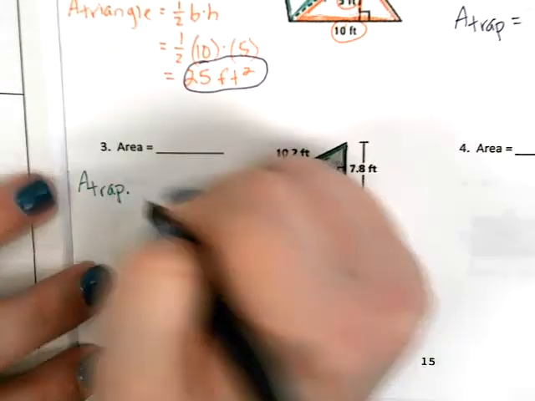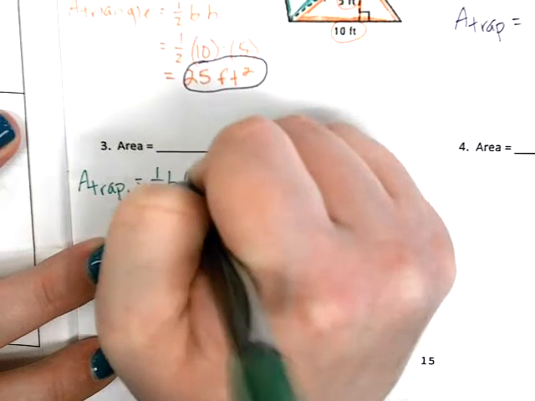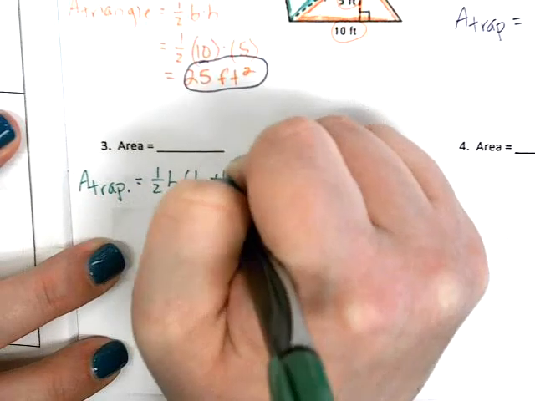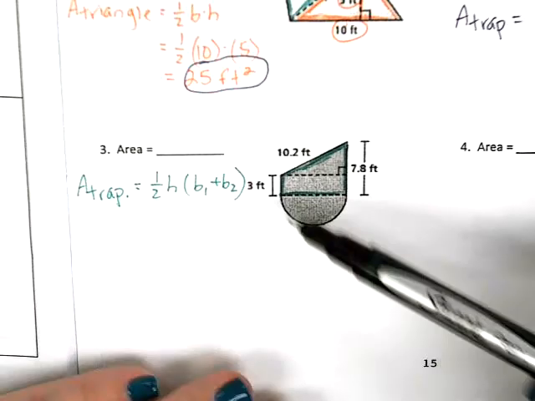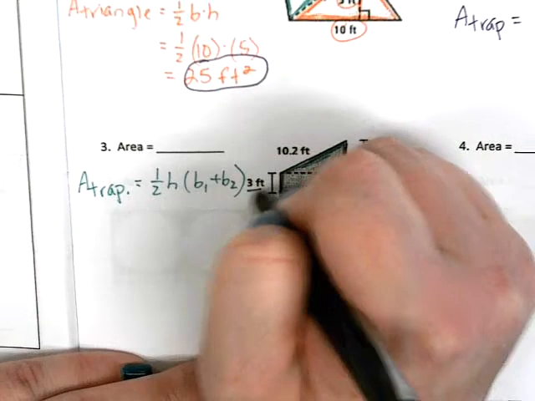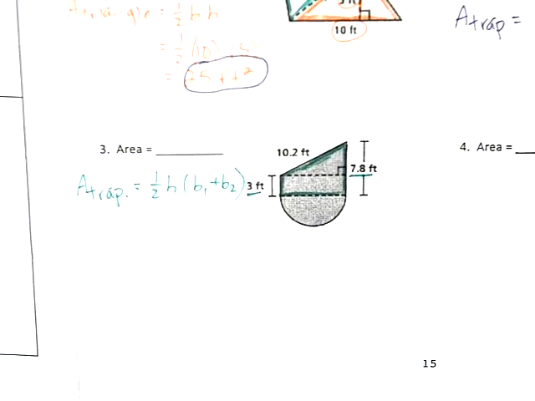I know that the area of a trapezoid is 1/2 the height times the sum of the bases, so base 1 plus base 2. When I look at that, I can clearly see the bases, right? My bases are the ones that are parallel. So 3 and 7 are definitely my bases, but what I need is that height.